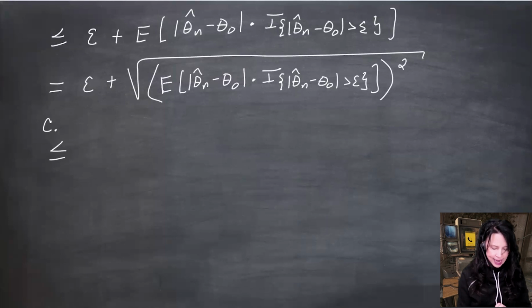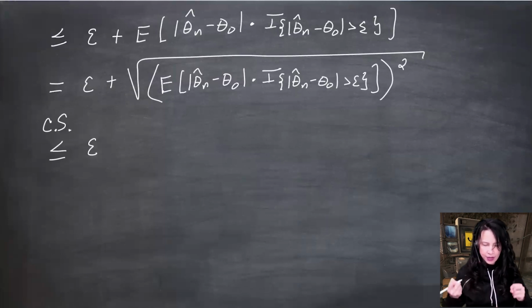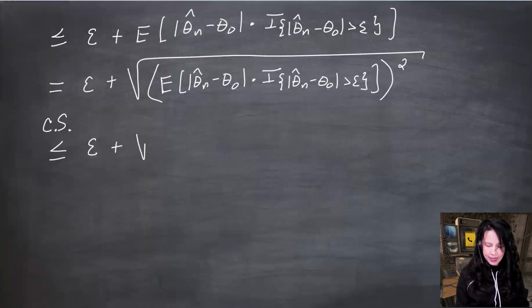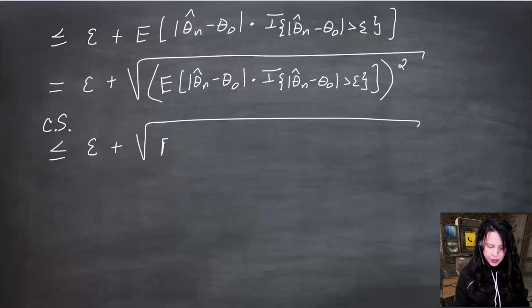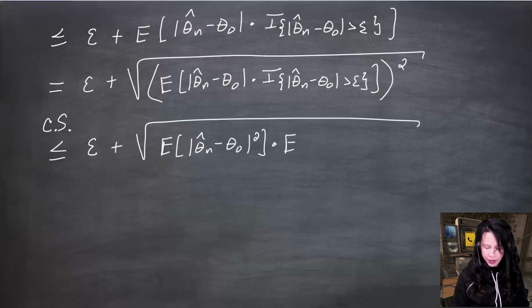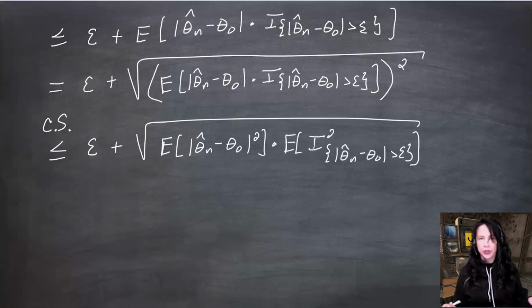I'm going to write CS for Cauchy-Schwarz, and this is less than or equal to the thing inside is less than or equal to the expected value of this thing squared times the expected value of this thing squared by Cauchy-Schwarz.